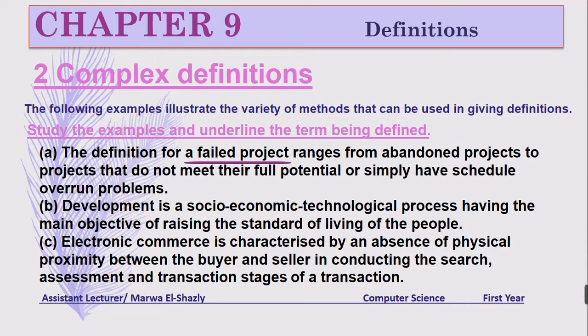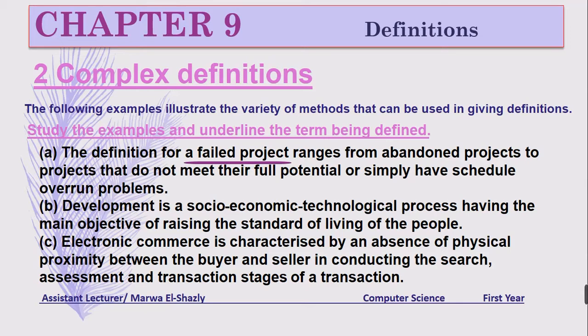Electronic commerce is characterized by an absence of physical proximity between the buyer and seller in conducting the search, assessment, and transaction stages of a transaction. طيب زي ما قلنا is. So what is electronic commerce? Electronic commerce is so and so.